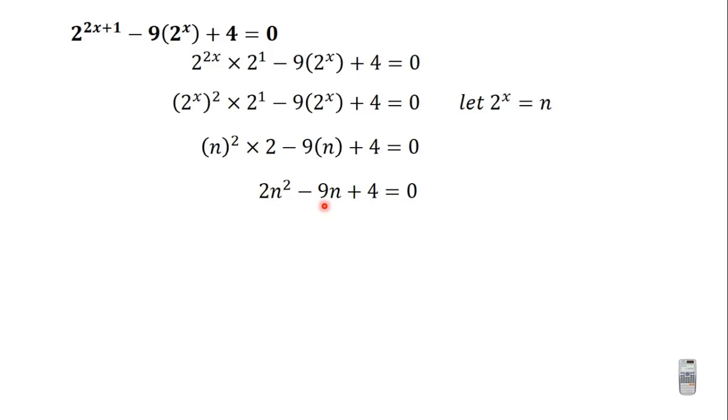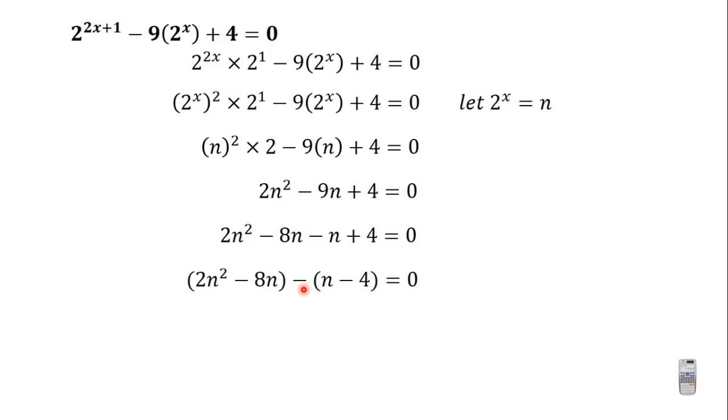Once again, we have another quadratic equation. To solve this quadratic equation, we have to factorize the quadratic trinomial on the left-hand side here. In the videos on algebraic expressions, I explained how to factorize quadratic trinomials, so I'm going to go through the factorization quickly. We will have 2n squared minus 8n minus n plus 4 is equal to 0.